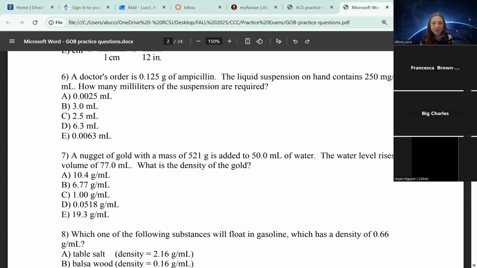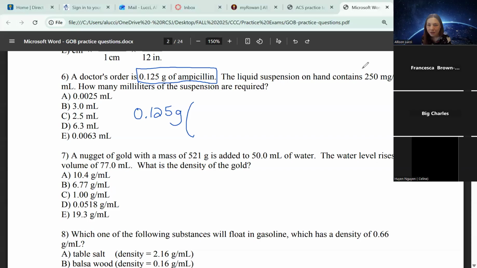So something like 6 here. I promise I'll get to the next section in 1 second, but I keep seeing stuff that's good here that we should look at. So this is medically related. You could be given orders for 0.125 grams of ampicillin to be delivered. This is our target, right? This is the value that we're given. So I'm going to start with that, 0.125 grams.